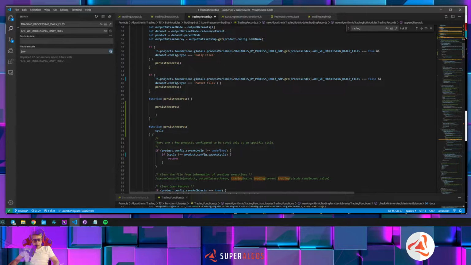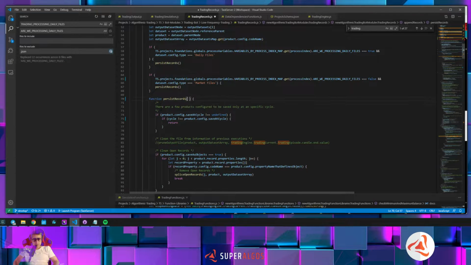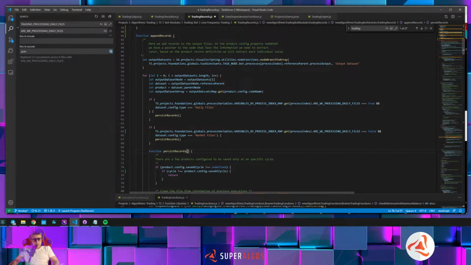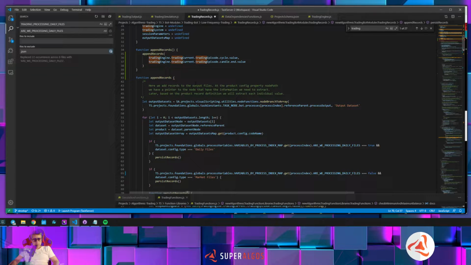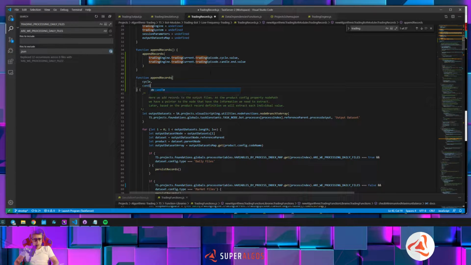But what I was doing here doesn't make sense at all. This is not what we need. Cycle and candle end.